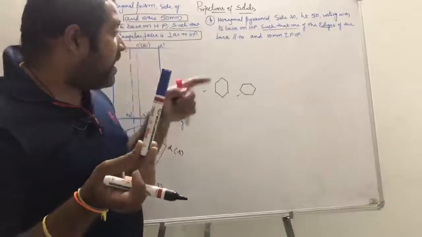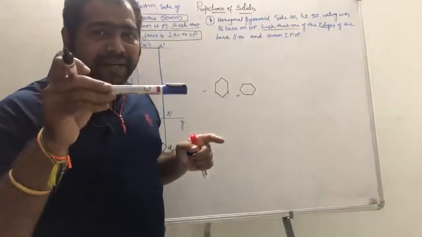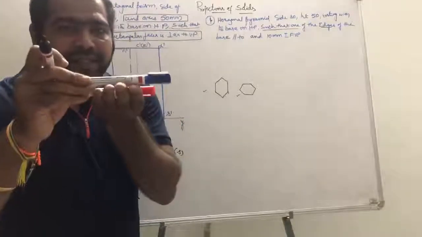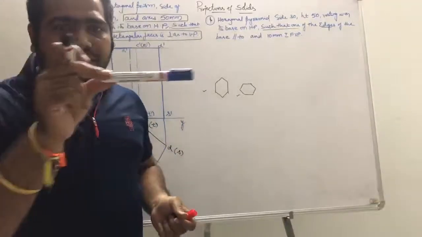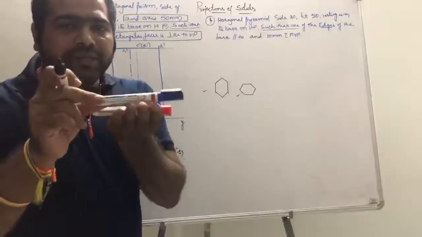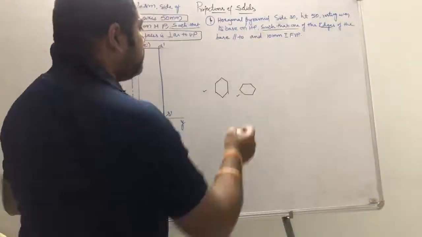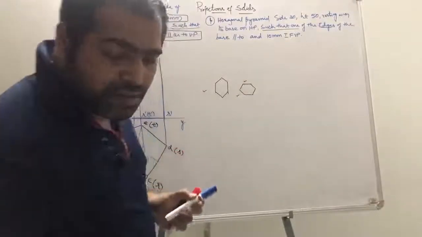Okay, so I require my base edge which is resting on the ground. The base is going to rest on the ground like this. So you just go for this. Why?